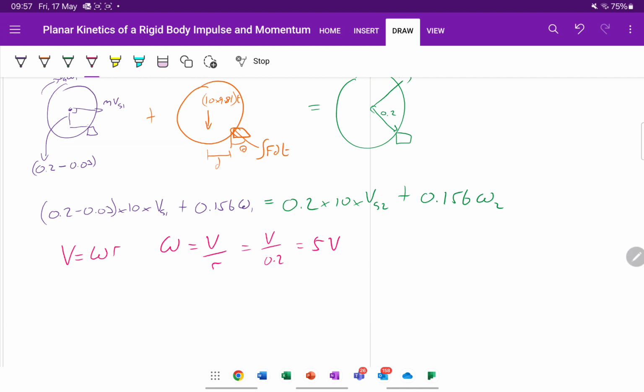So we can get rid of our 0.156s, and we can say, let me rewrite it underneath.